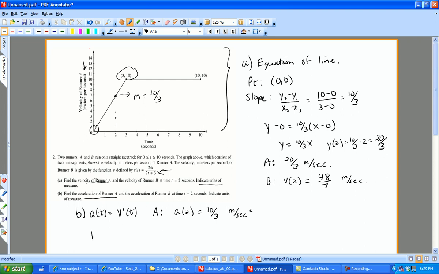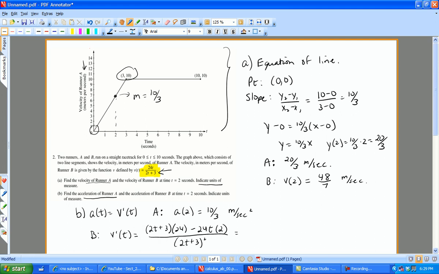Okay, for runner B, I need to find the derivative of the velocity equation. To find the derivative of this velocity equation, I'm going to have to use the quotient rule. You might want to pause this video and do the quotient rule on your own to make sure you can do it. All right, here I go. The denominator times the derivative of the numerator minus the numerator times the derivative of the denominator, over the denominator squared.